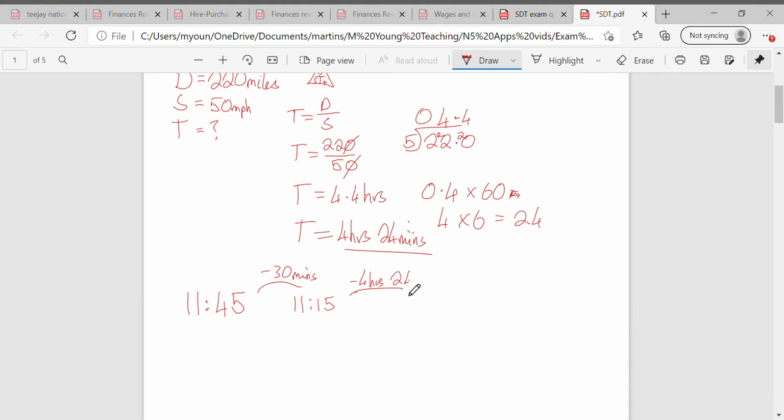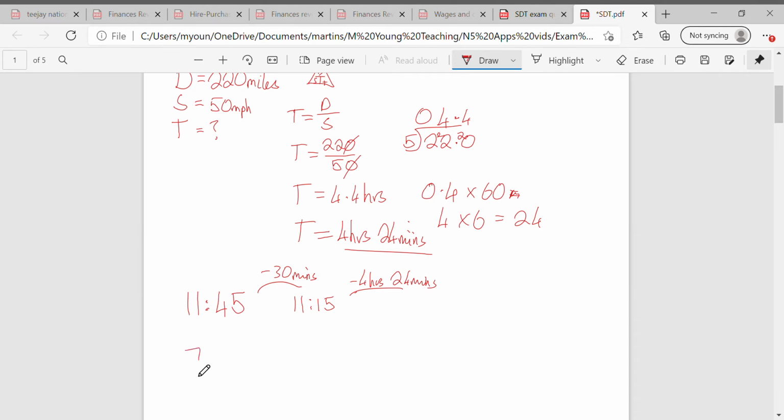Now you could do that in steps if you wanted to. Alright, I'll just do it all in one. So 4 hours off 11 would be 7:15, and then we're going 24 minutes back from 7:15.